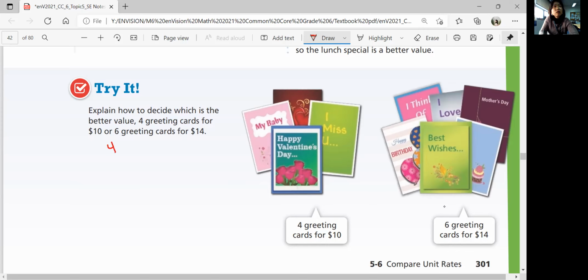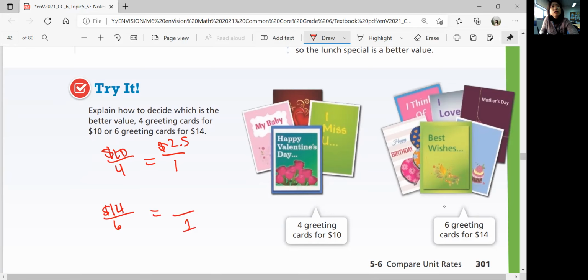Let's put the 4 in the denominator so that we know how much it costs per one card. Okay, so $10 for 4 greeting cards. And then $14 per 6 greeting cards. And per one card, you divide 10 by 4, you get $2.50.